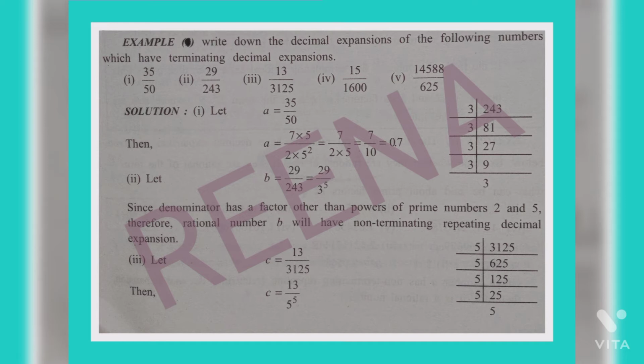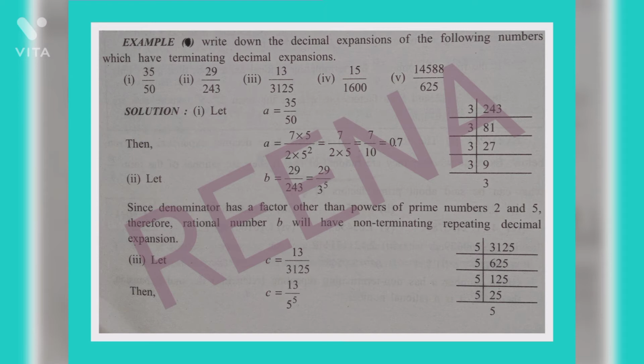Now I should start with 29/243, the second question. Again I know that 29 is a prime number, so there will be no factor at all, but 243 I can break into factors, which is 3 into 3 into 3 into 3 into 3, 3 raised to the power 5.